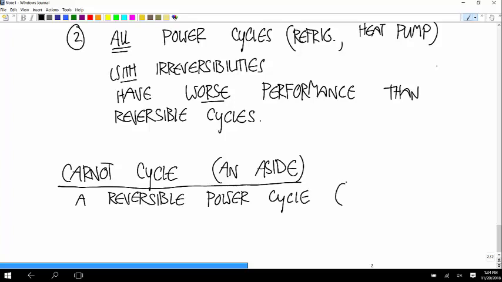And if you run it in reverse, it's reversible, so everything works just as efficiently if you run everything backwards. So it's also a refrigeration cycle or a heat pump cycle if you run it in reverse.